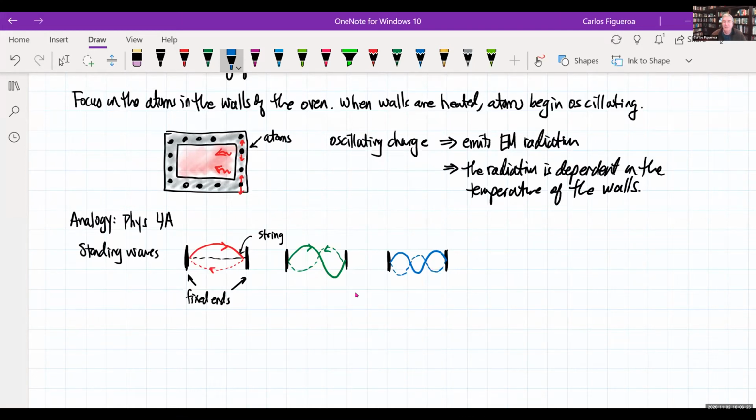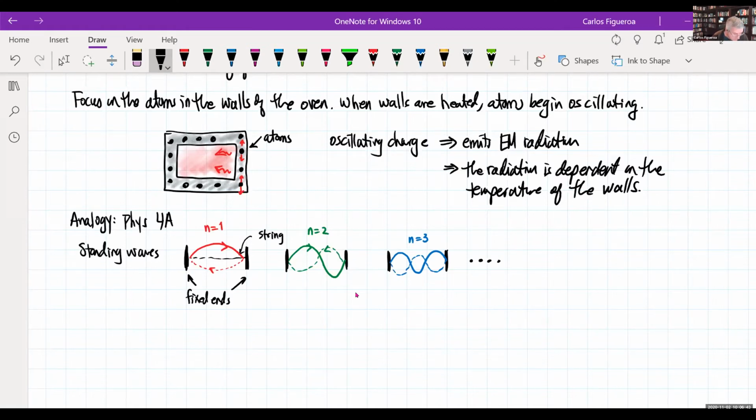So what you're seeing here is that you're getting wave modes. In this case, this is typically called the fundamental or the first harmonic. And then you get the second, and then you get the third, and I can just keep going on and on.